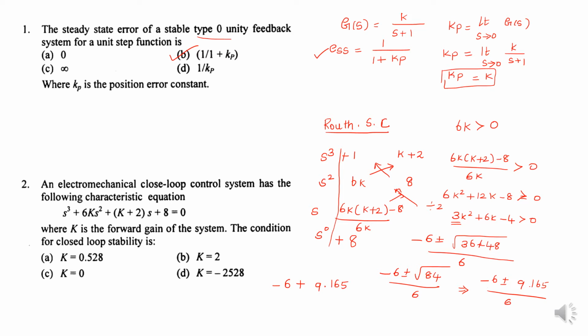So 3.165 divided by 6. The answer is 0.528. The positive answer is correct because the value is greater than 0. So k is equal to 0.528. That is the correct answer.